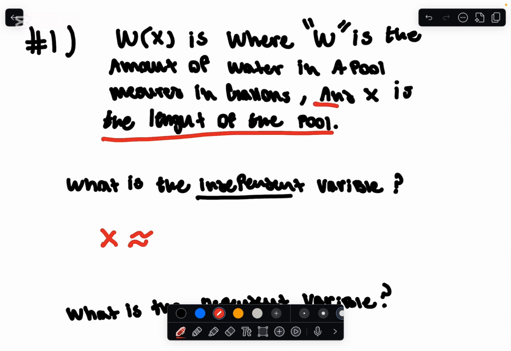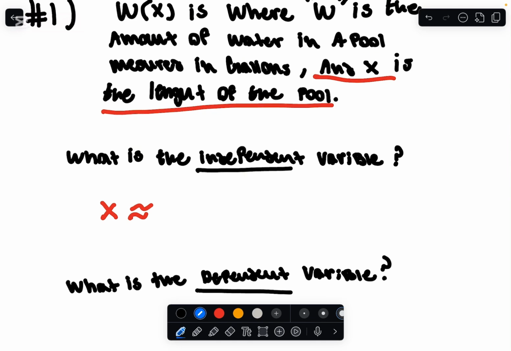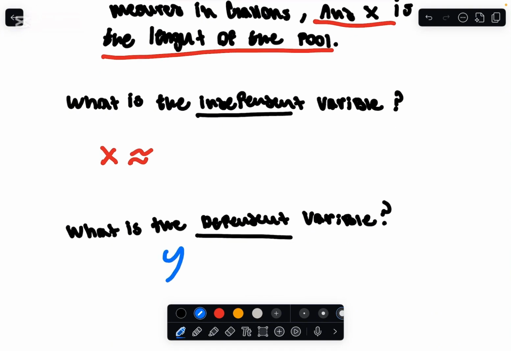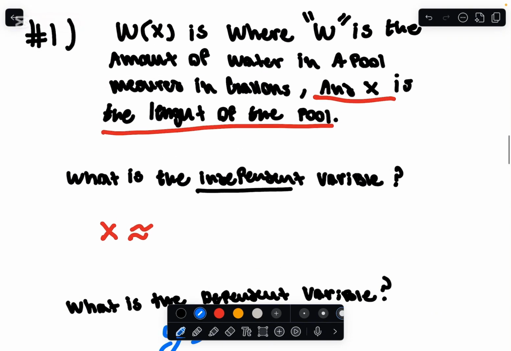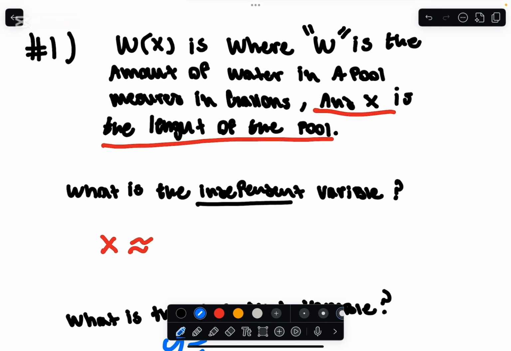Now, what is the dependent variable? Our dependent variable is just our y values, which in this case is the amount of water in the pool, measured in gallons.